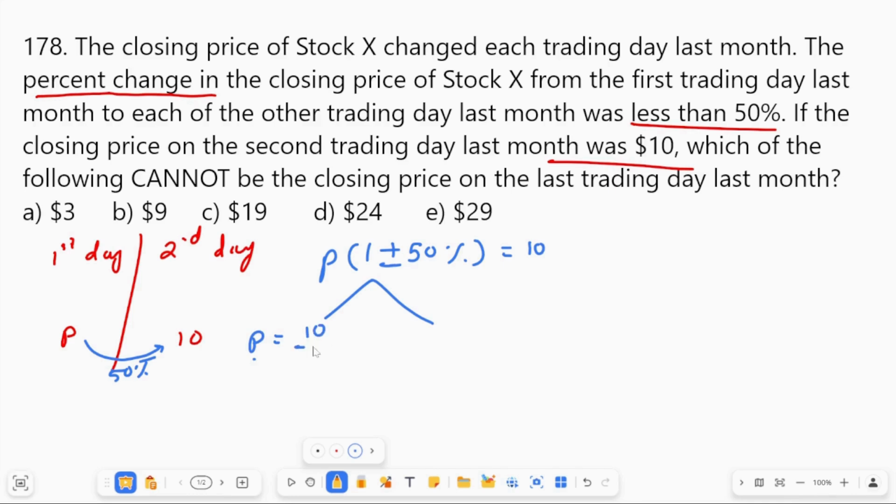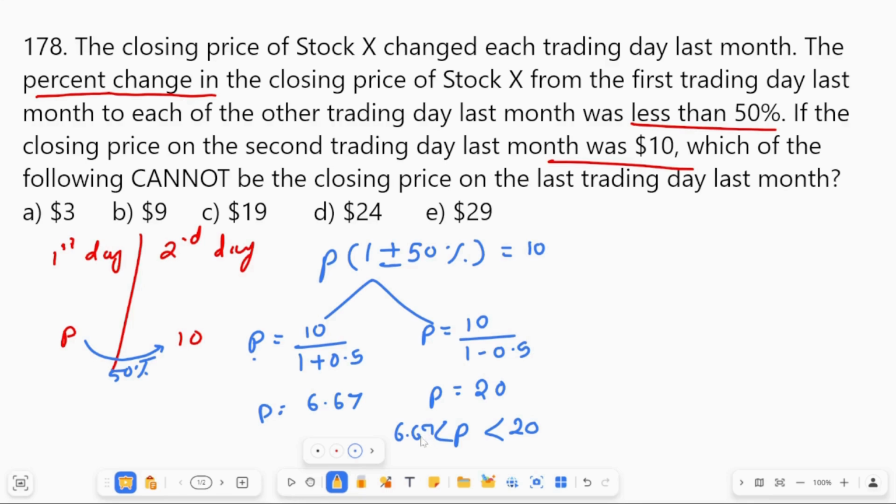P is equal to 10 divided by 1 plus 0.5, or P is equal to 10 divided by 1 minus 0.5. This will be 10 divided by 1.5, that will be 6.67 somewhere around, and this would be 10 divided by 0.5, that will be 20. That means I can say that P was somewhere in between 6.67 and 20. The price can be anything in between these two numbers on the first day.